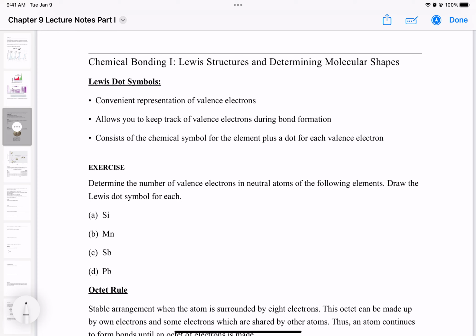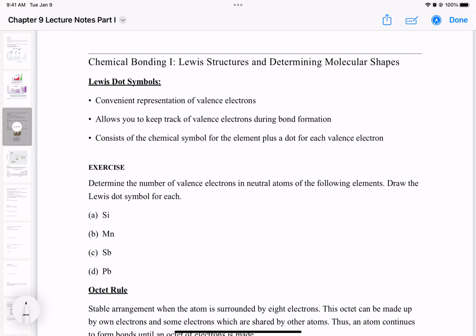So what we're interested in is basically the valence electrons, or the electrons that are involved in chemical bonding or chemical reactions. So Lewis dot symbols are a neat way to keep track of the number of valence electrons during bond formation.